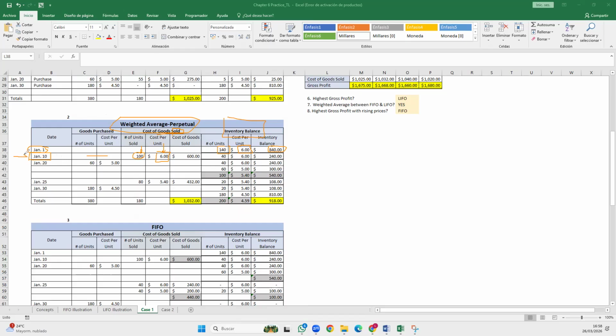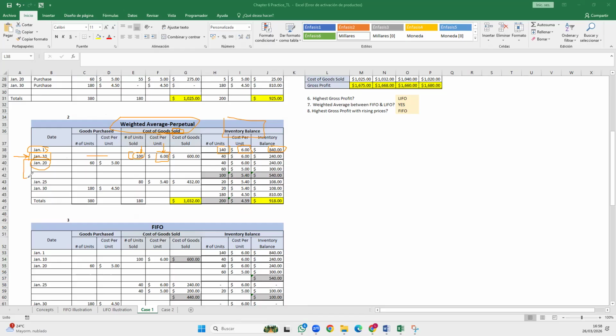So we're talking just about January 10th. There's nothing on the purchases side, there's only the sales side, which should be only filled in the cost of goods sold row. Does that make sense?